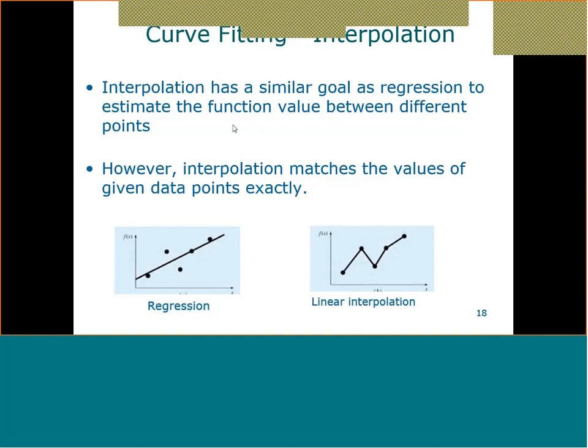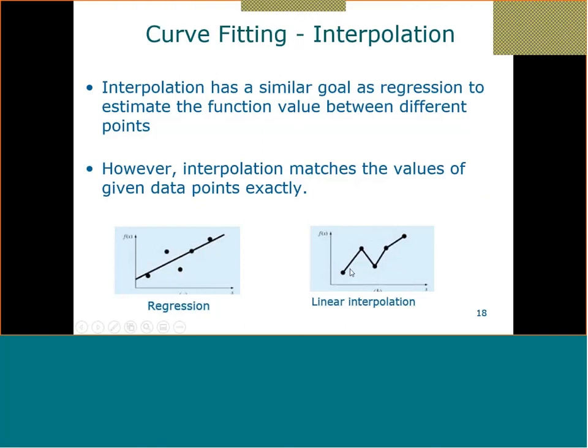However, if you look at interpolation, we will find a function that goes through all the points. So if these are the same points, in interpolation, we'll try to find a curve that goes through all the points. In regression, we will find a curve that goes through some of the points, but tries to minimize the error. Now, what's the difference between the two?